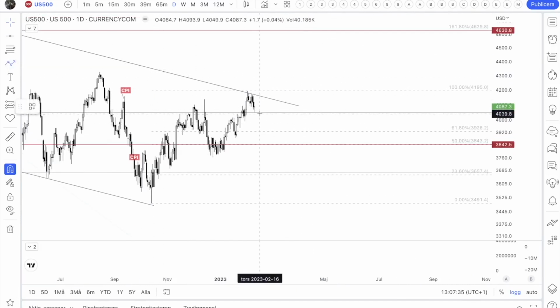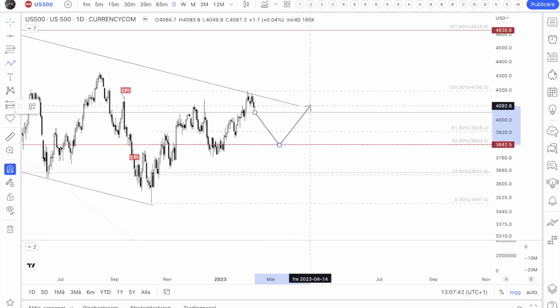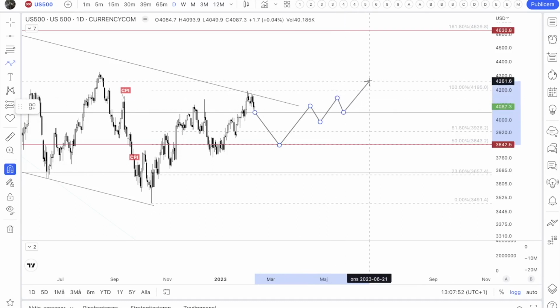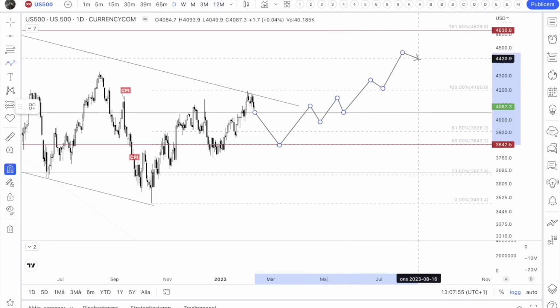It could go very simplistic, something like this. It's not going to be this straightforward. Retest this channel, come back a bit more, maybe go over it, and then retest it from the upside to the down, and then yeah, something like this. I don't know how price moves exactly.